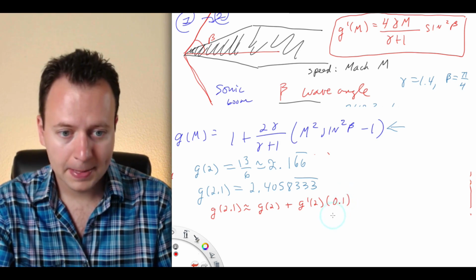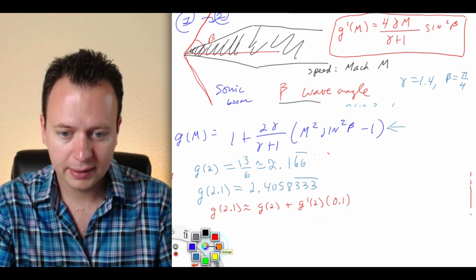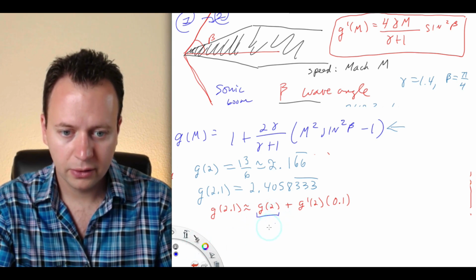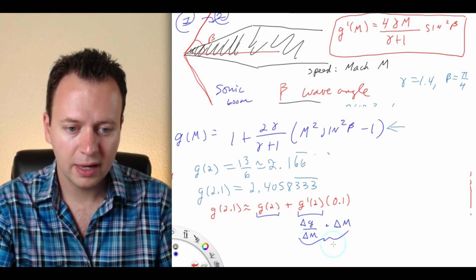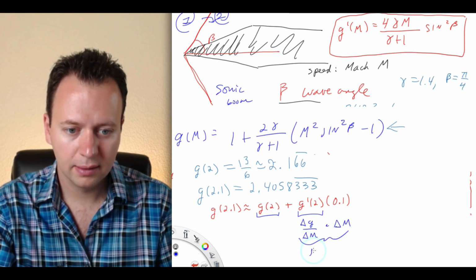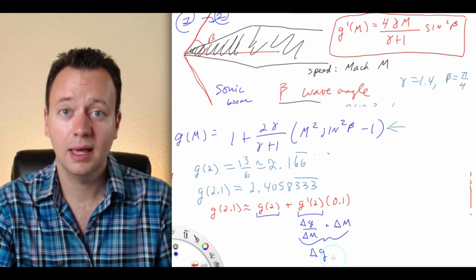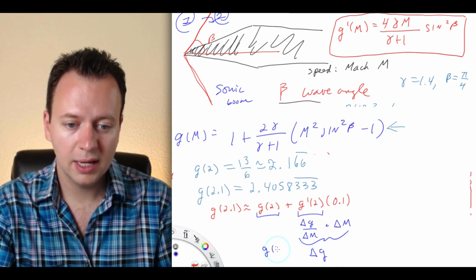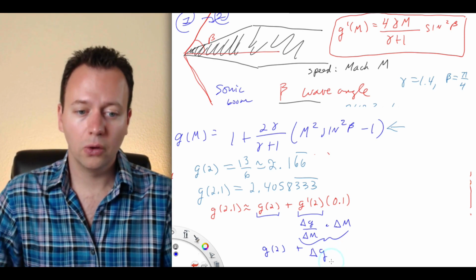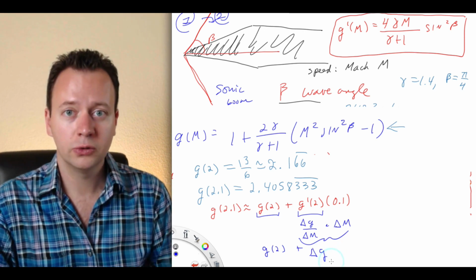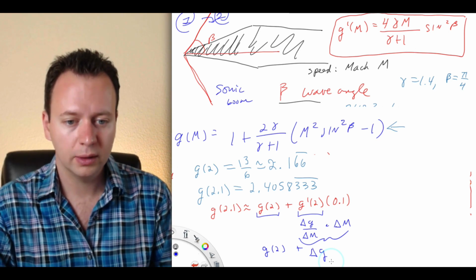Right, so this is change of g over change of m times the change of m. So this whole thing here tells me the total change in the output. So it's g at 2 plus the approximate change of g, going from a speed of Mach 2 to a speed of 2.1.